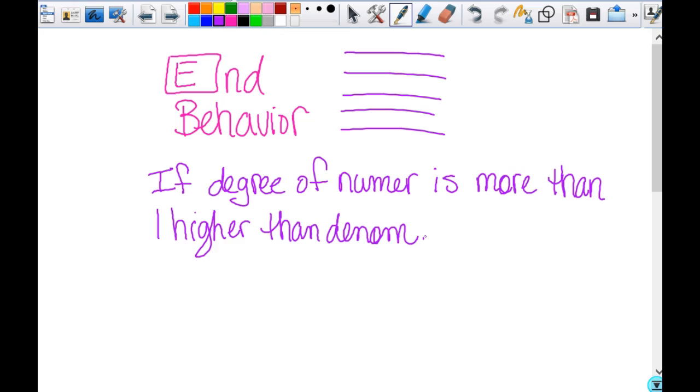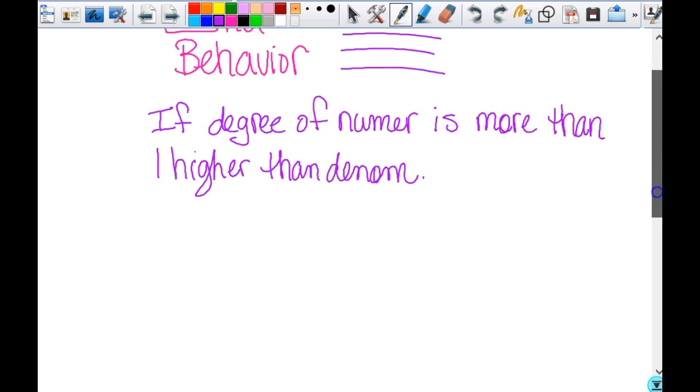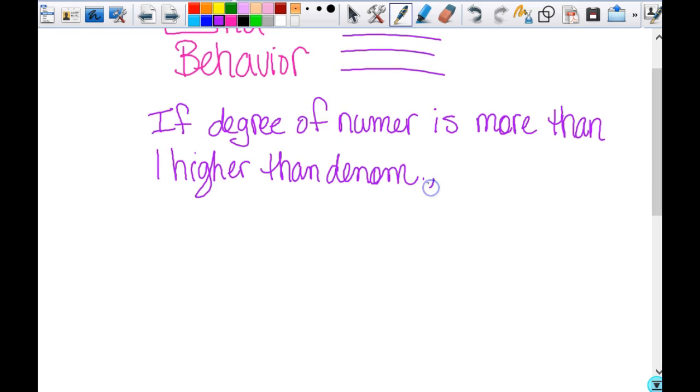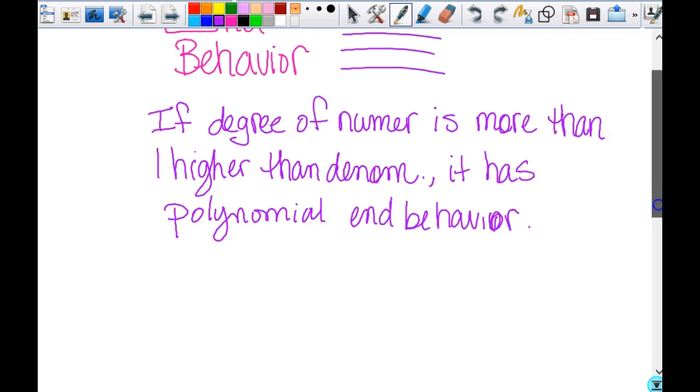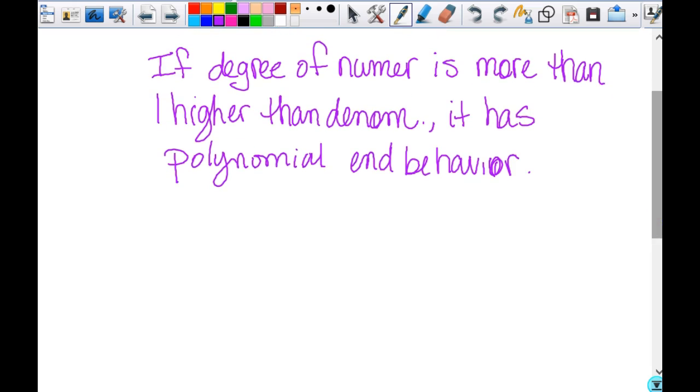Okay, so if it's like x cubed in the numerator and just x in the denominator, then it has polynomial end behavior. Okay, polynomial end behavior. What I mean by that is this.